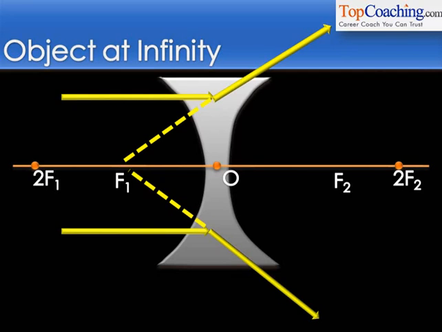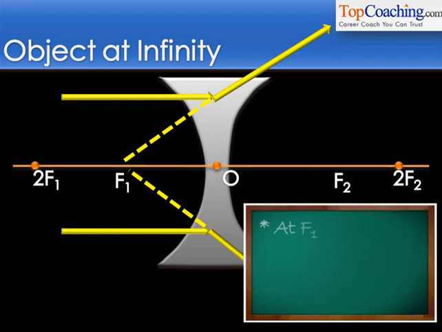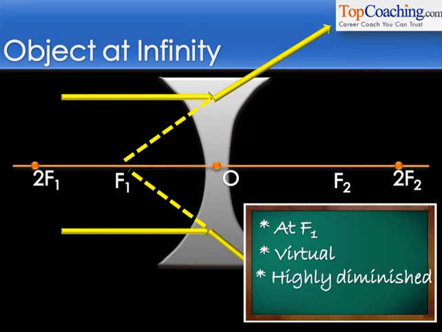This image is of course virtual, isn't it? The image is virtual because the rays diverge. They do not really meet, but they meet when extended backwards by our brain. So the image is formed at f1. It is virtual, it is highly diminished, and also it is a point image. So there you go. This is what happens when the object is at infinity. A virtual point image at f1 is formed.